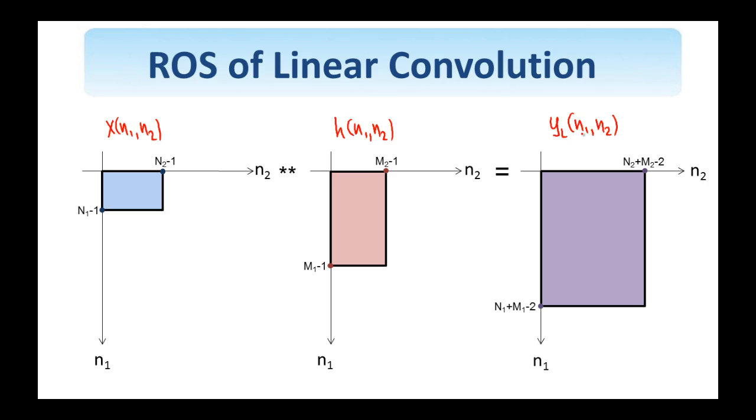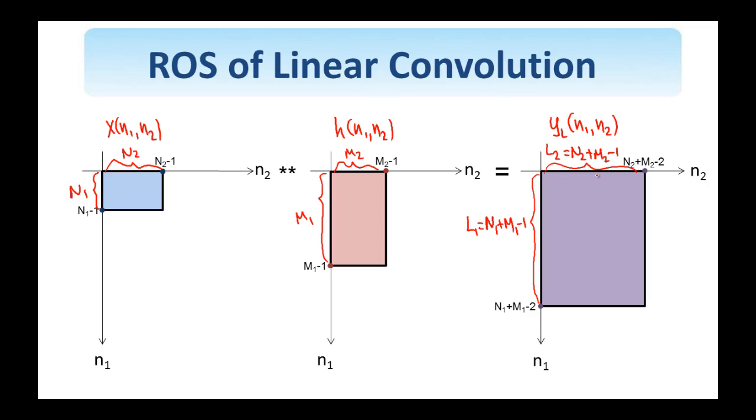Then if the support of the first signal is as shown here, this is N1 by N2, while the support of the second one is M1 by M2, then the support of the result of their convolution is going to be, as shown here, L1, which is equal to N1 plus M1 minus 1, by L2, which is equal to N2 plus M2 minus 1.